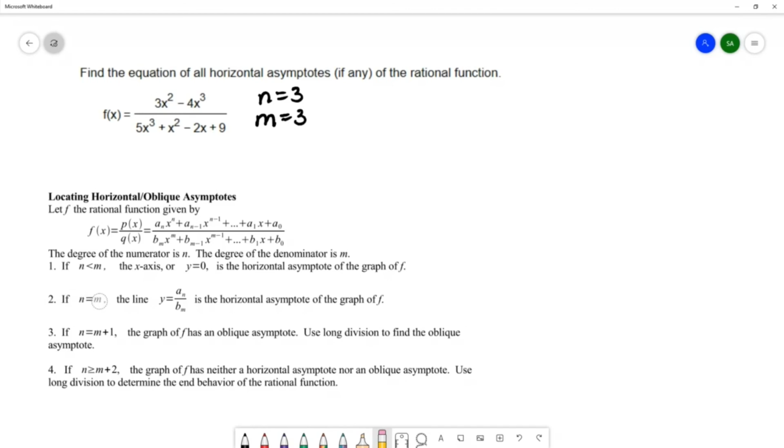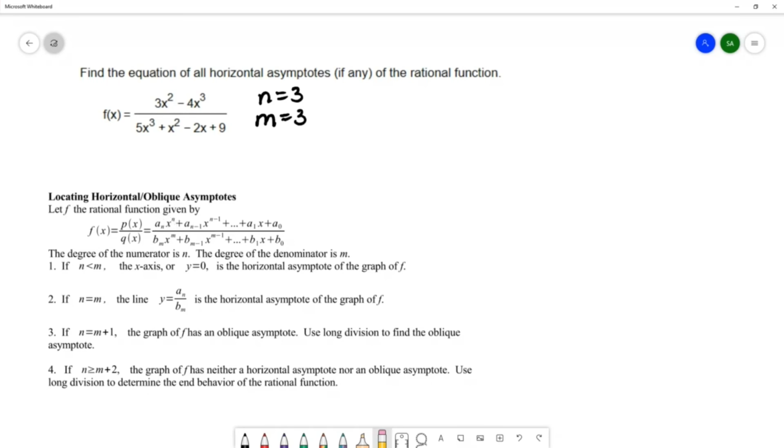And so we have the situation where the horizontal asymptote is going to be y equals a sub n over b sub m. Now in words, what that means is the leading coefficient from the numerator and the leading coefficient from the denominator. That vocabulary might be a little bit misleading because the word leading doesn't really mean first. It means the coefficient of that highest degree term.